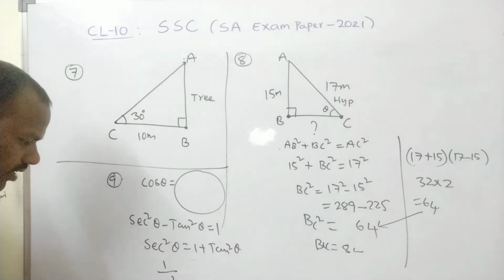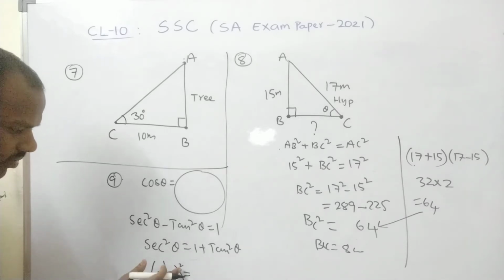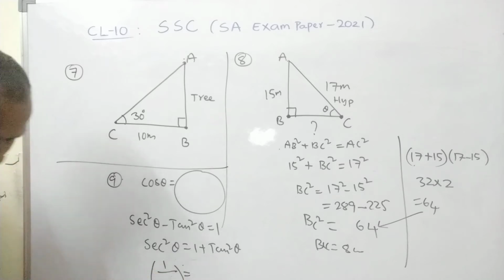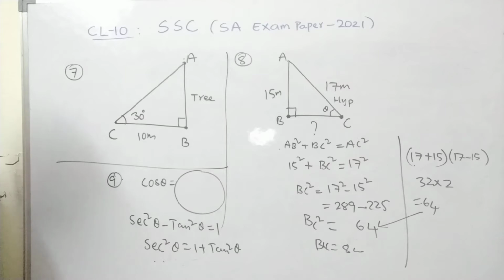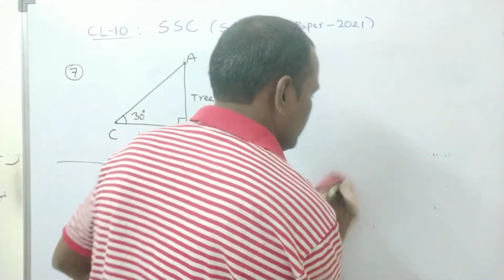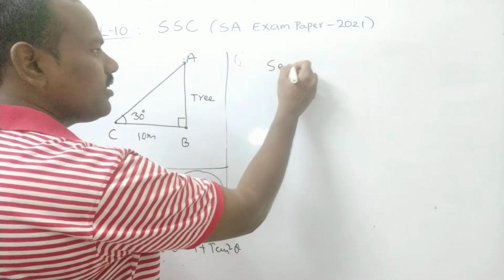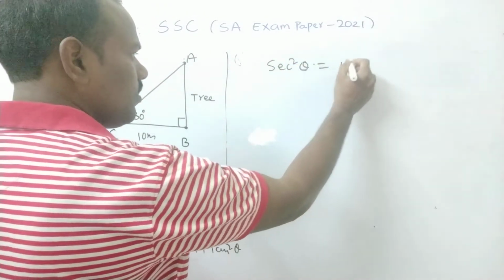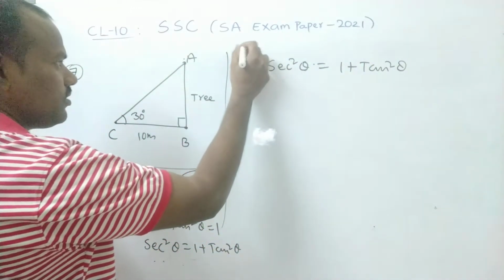But secant is actually 1 by cos, the reciprocal, so secant square theta is 1 by cos theta whole square. Okay, I'll write it this way. So we get secant square theta is equal to 1 plus tan square theta. I am continuing the 9th question here.